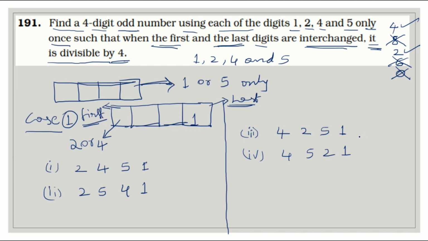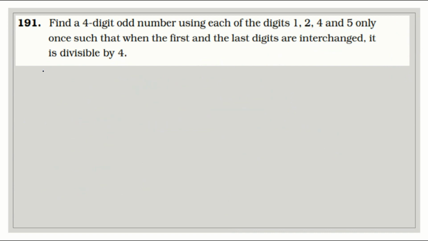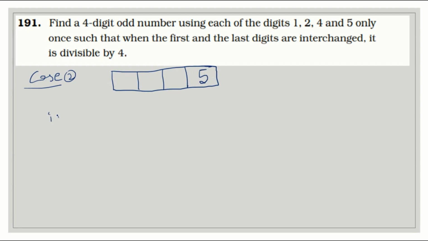Students, again we have case 2. What is case 2? Case 2 is the 4-digit number having its units place fixed as 5. In that, the thousands place can be 2 or 4.